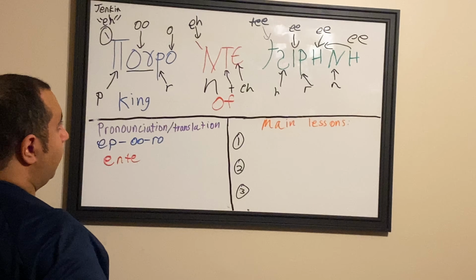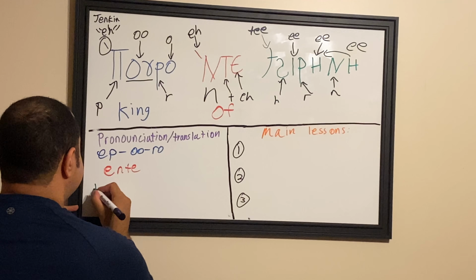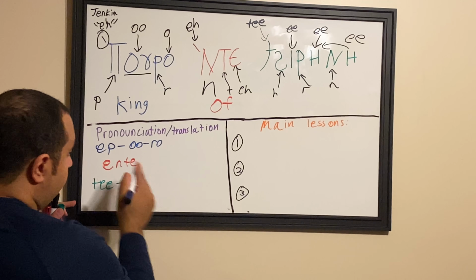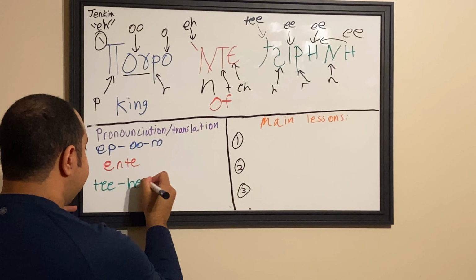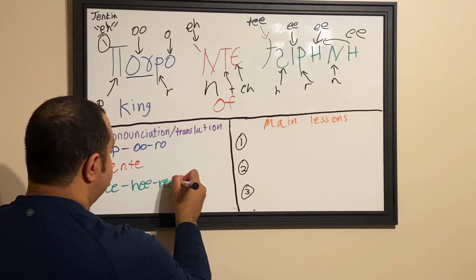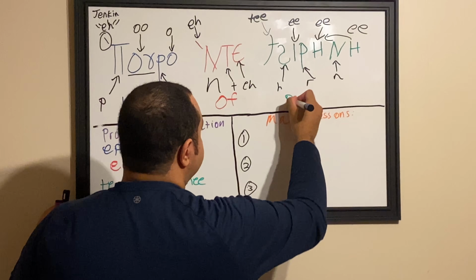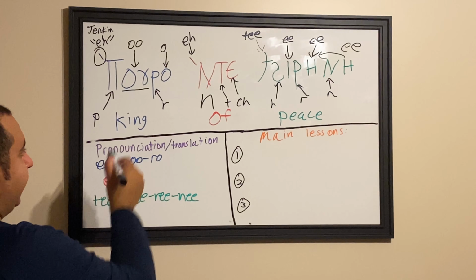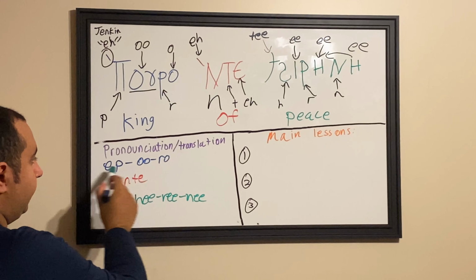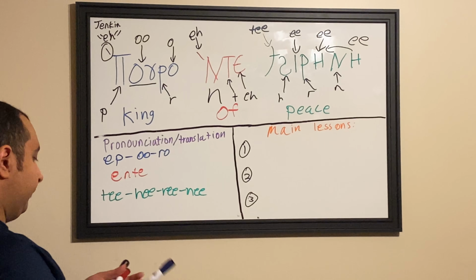So, if we put it all together, it's going to sound like T, and then I'm putting the dashes to separate the syllables, T, he, ri, ni, which in this word means peace. So together, king of peace, all together, ipuro, inte, tihirini.